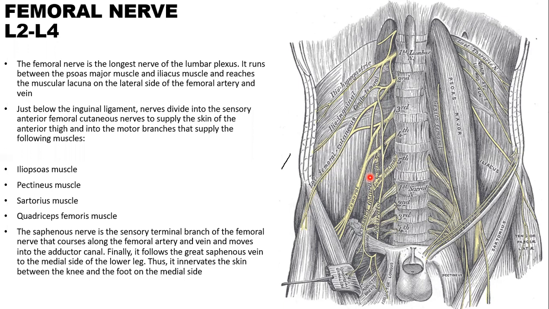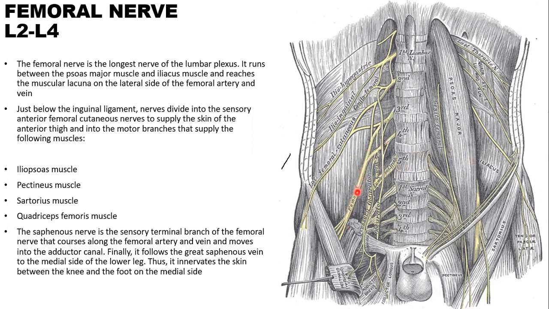When we looked at the femoral triangle, the one that was more medial was the femoral vein, then you have the femoral artery, then on the lateral aspect you have the femoral nerve. This same femoral nerve is the one we are talking about, from L2 to L4.